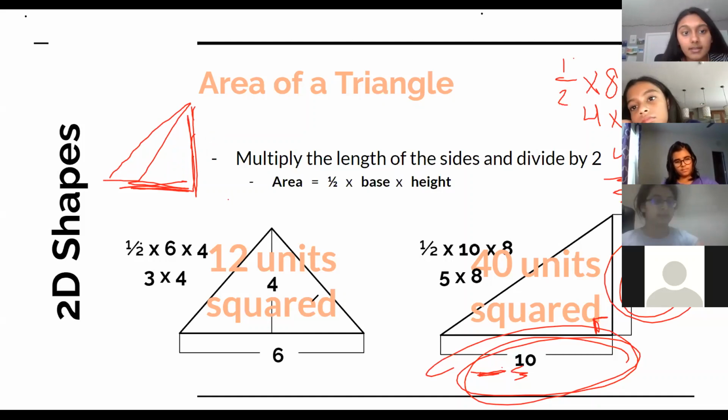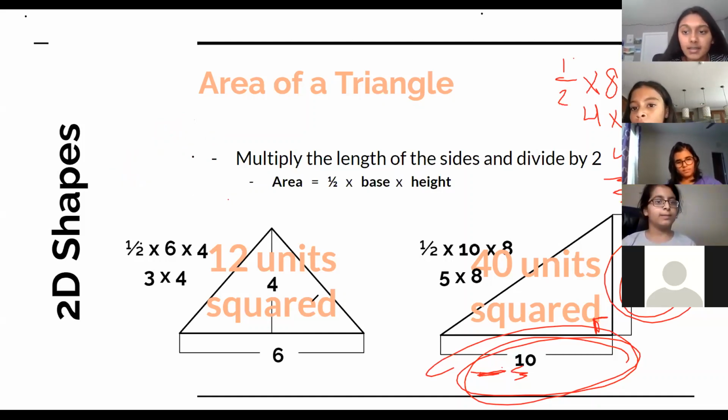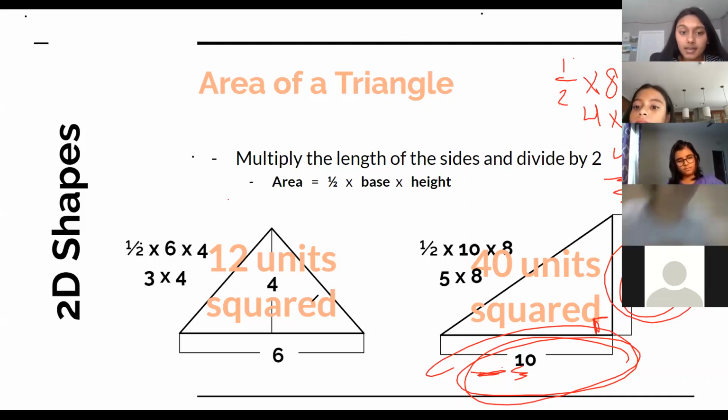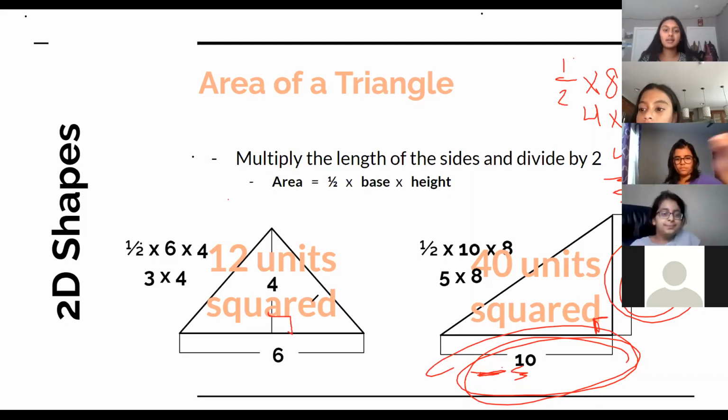So because of that, we always say that your base is always going to be this flat line, and your height is what has a perpendicular angle to the base. That's because it's not always clear what the height is. So that's why we say that the height is always going to have your right angle to your base.